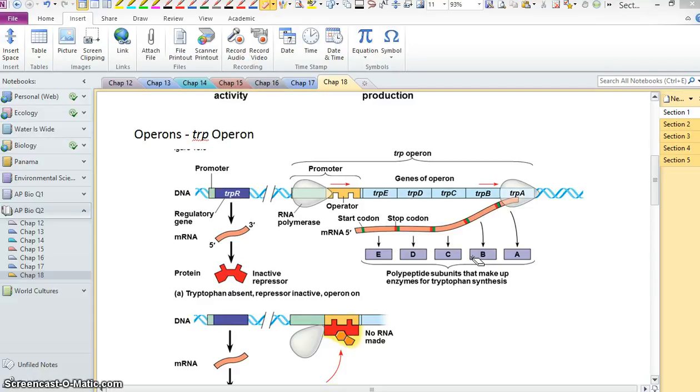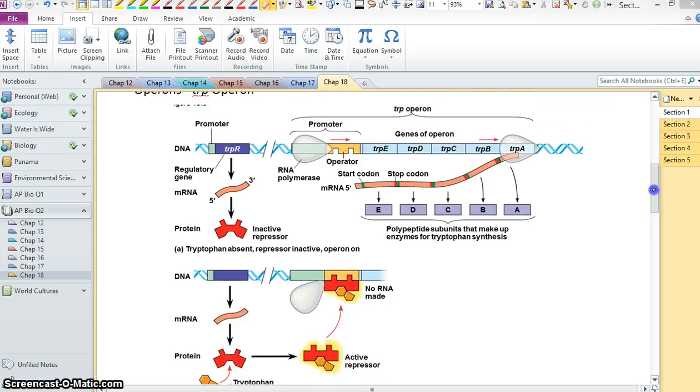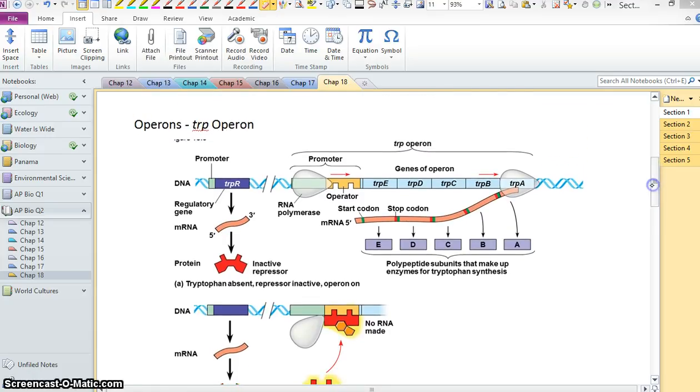The trp operon is one responsible for making tryptophan, this amino acid. It is known as a repressible operon because the presence of tryptophan, what you're trying to make, represses the operon or blocks it. If we look here, here's our series of genes in our operon.